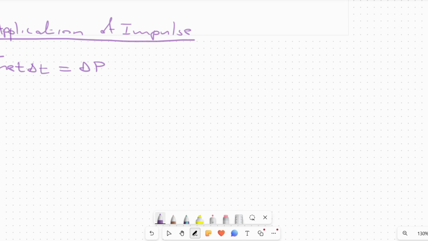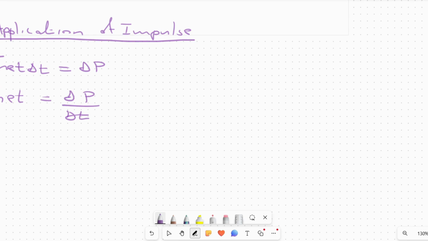So when we understand this relationship, first thing first, we notice that we can rewrite this like that. Net force is equal to a rate, or net force is a rate of change of momentum. So that's what it means. So remember, whenever we are looking at the time, time is how fast it is, it's a rate.